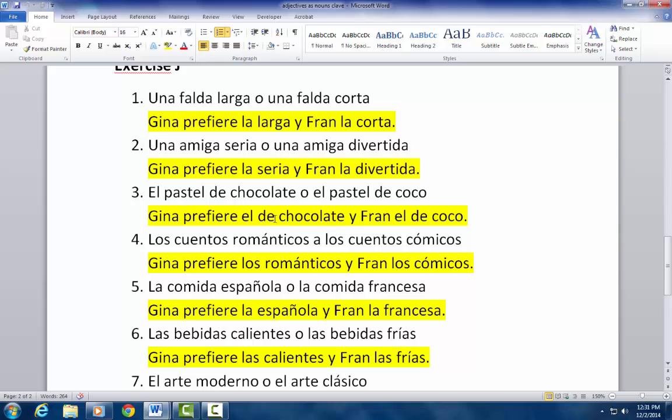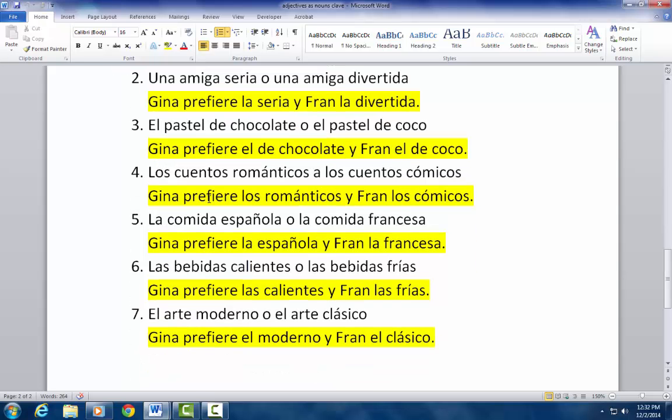Gina prefiere el de chocolate y Fran el de coco. Cuatro. Los cuentos románticos o los cuentos cómicos. Gina prefiere los románticos y Fran los cómicos.